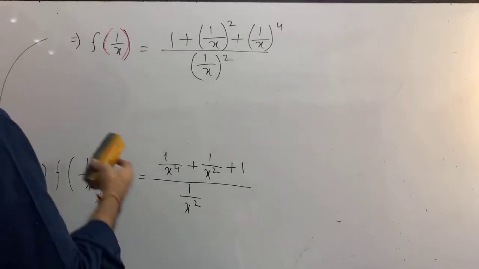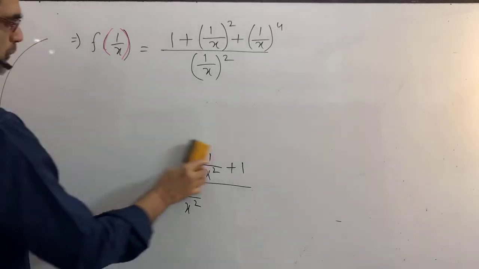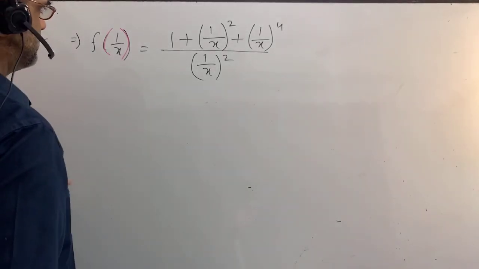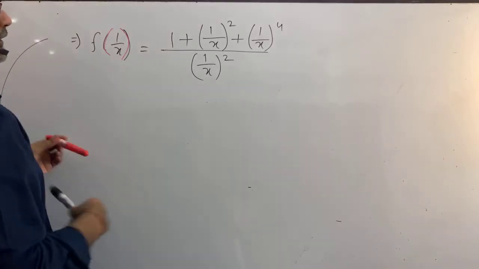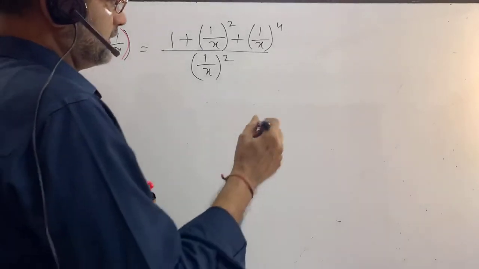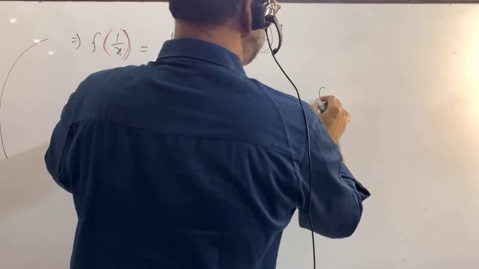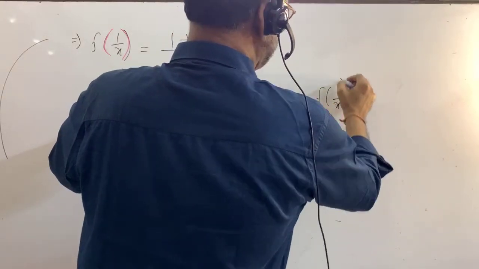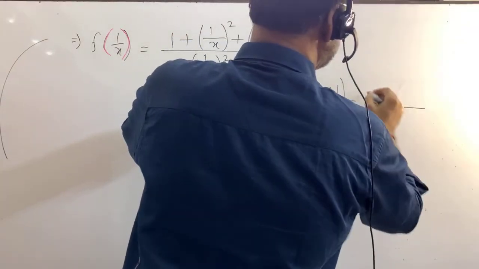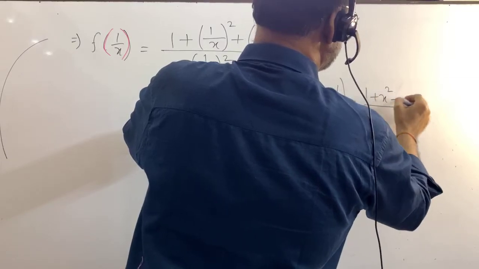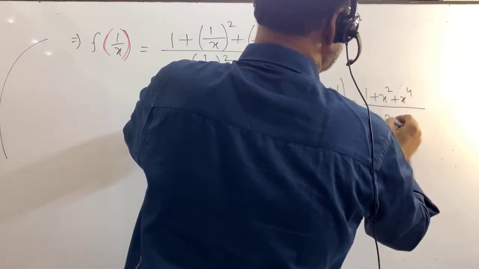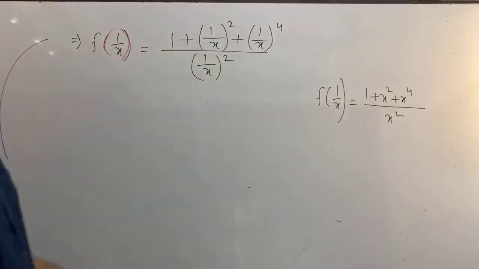Now if I put it here, what is f of x? f of 1 by x was this, this was our math, right?